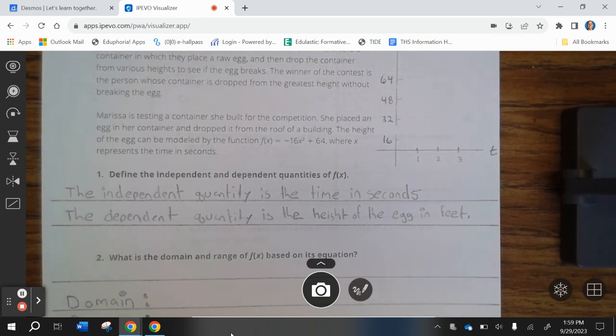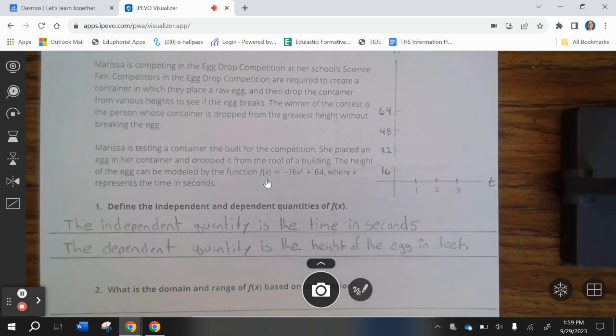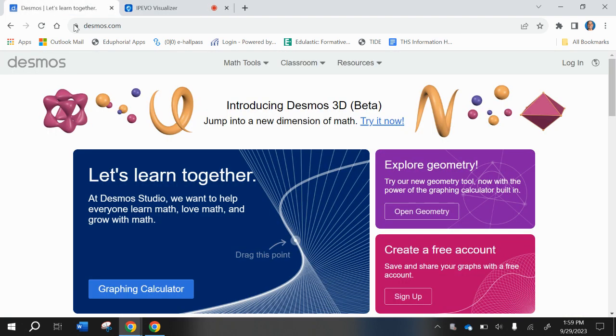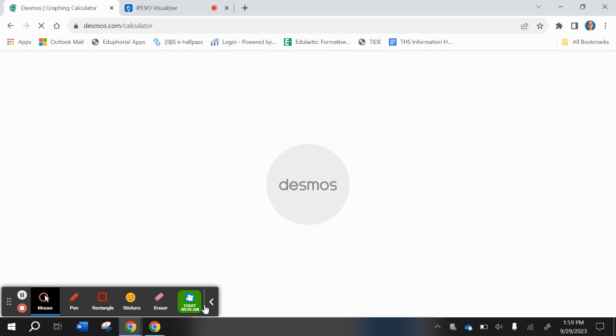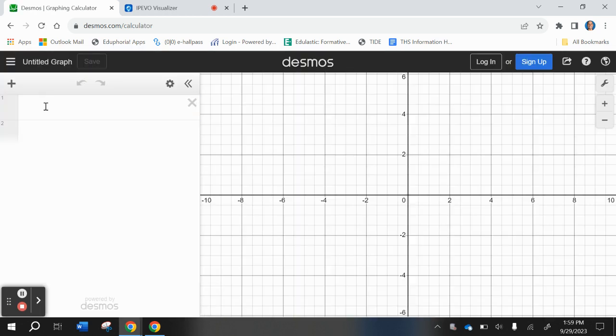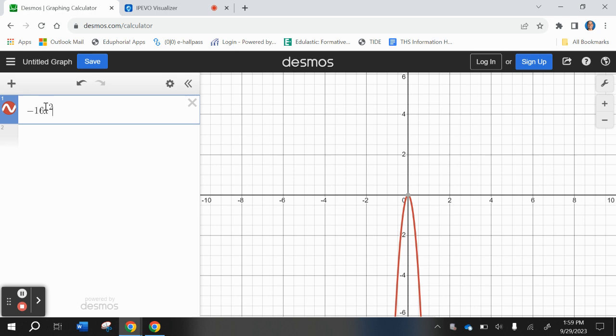All right, so let's go ahead and graph this. To do that, let's go to Desmos. We're going to graph negative 16x squared plus 64, and we're going to adjust the window.